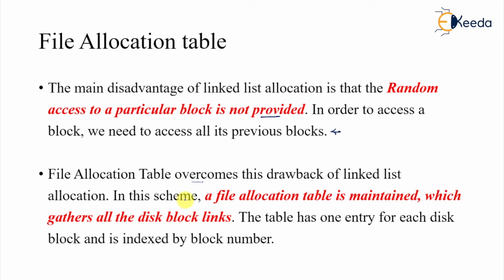Rather than following the blocks, a file allocation table is maintained which gathers all the disk block links. The table has one entry for each disk block, indexed by the block number. So we are maintaining a special table so that at least it gives me random access for each block.